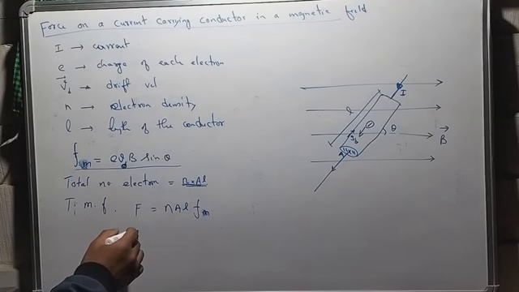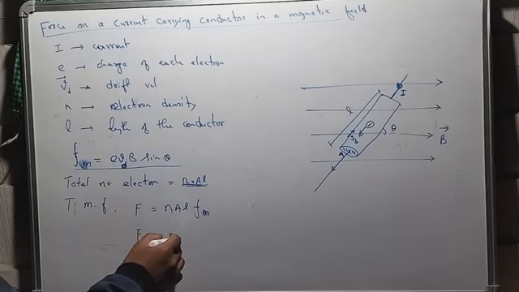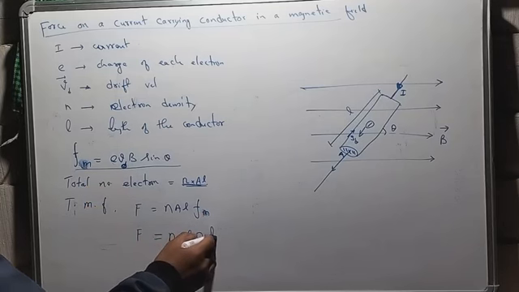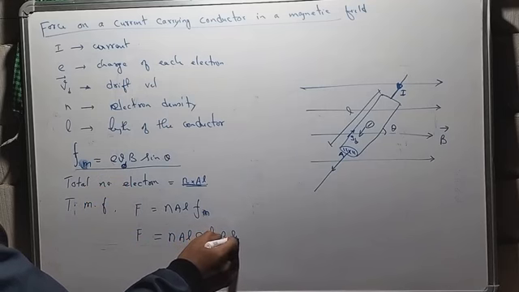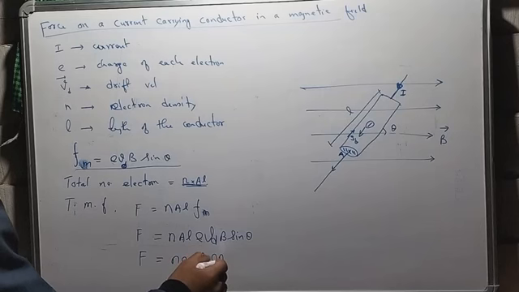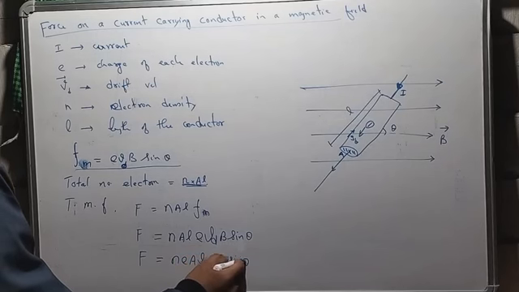So the total force acting on a conductor carrying current is F = nAL times e Vd B sin theta. I will arrange it first as n e A Vd, and then L B sin theta.